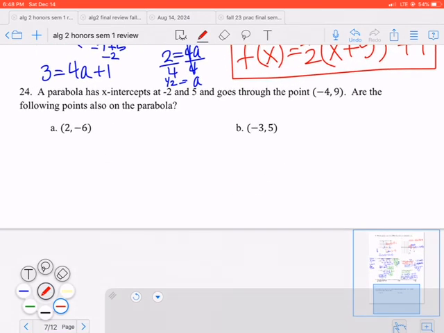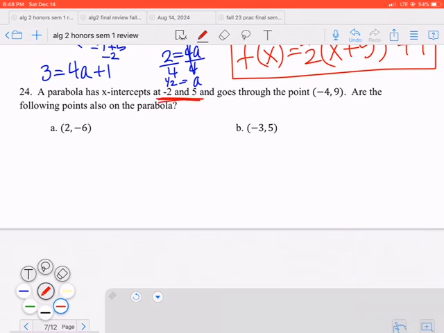A parabola has x-intercepts and goes through this point, so this is just some random point. Are the following points also on the graph? So I need to write its equation so I can check that these points are on it.